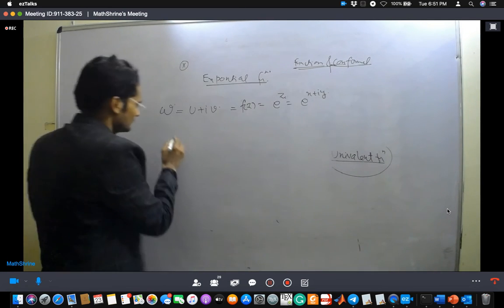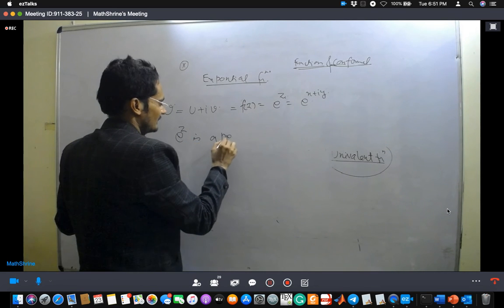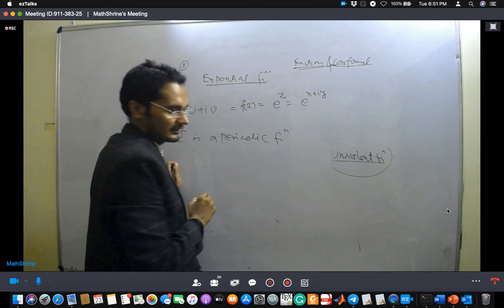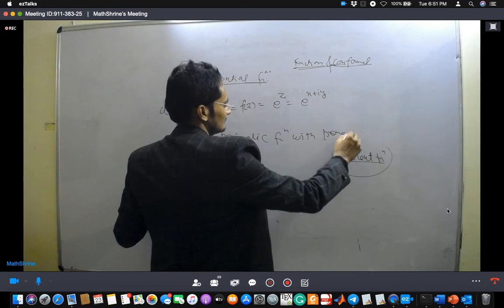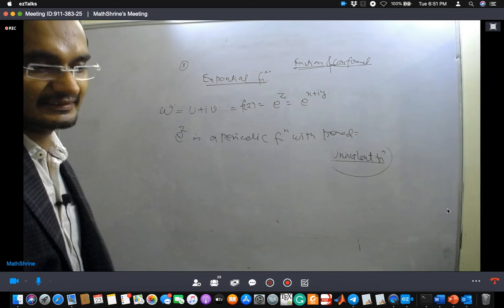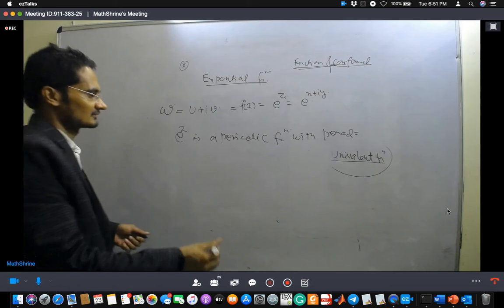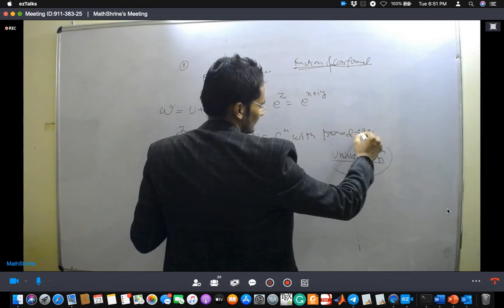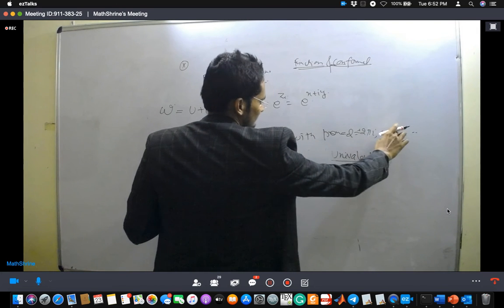Can anybody tell me what the period of the function is? Tell me fast. The period will be 2 pi iota, 4 pi iota, and so on. So these are all periods of the exponential function in complex analysis. Does anybody have any doubts? Please tell me.